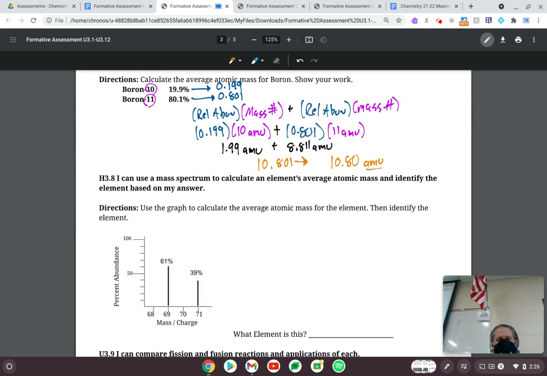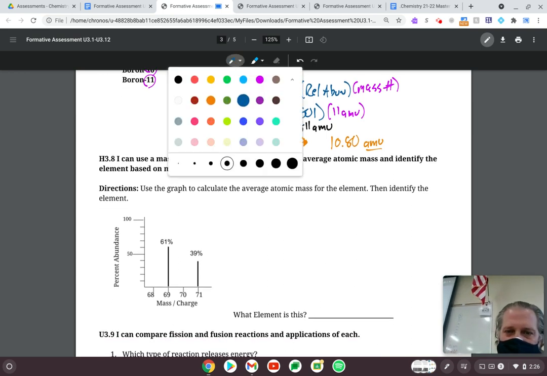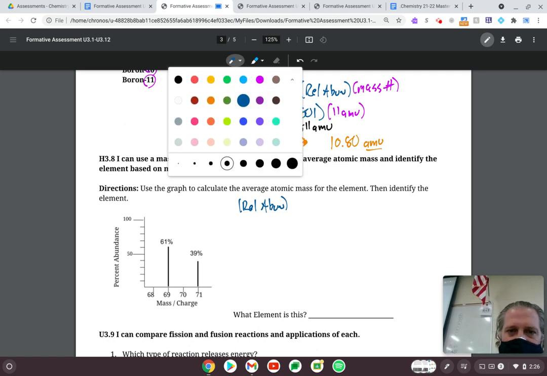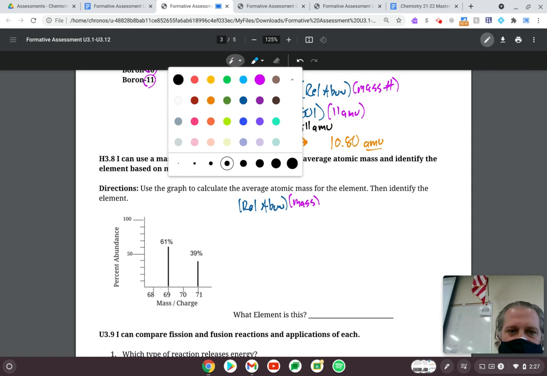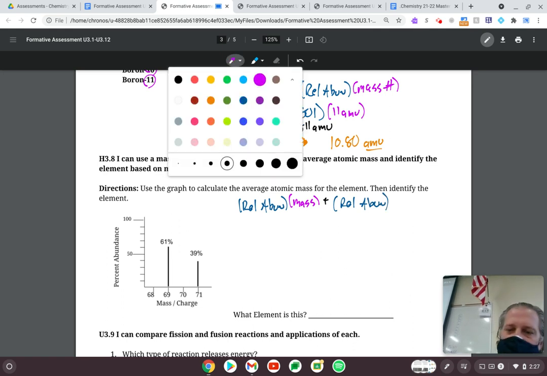Next one. You're using the graph to do the same thing. So here we go. We have our relative abundance. So I'm going to set my formula up again. So we have relative abundance times mass plus relative abundance times mass.